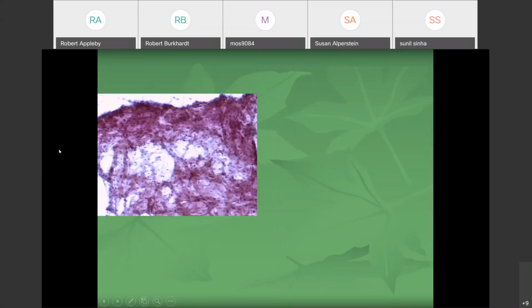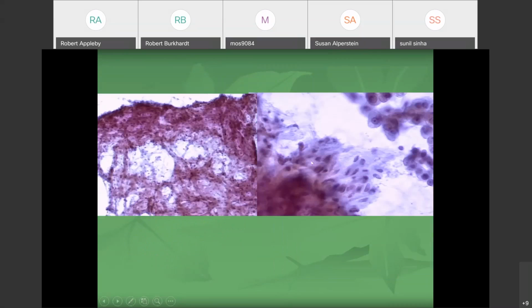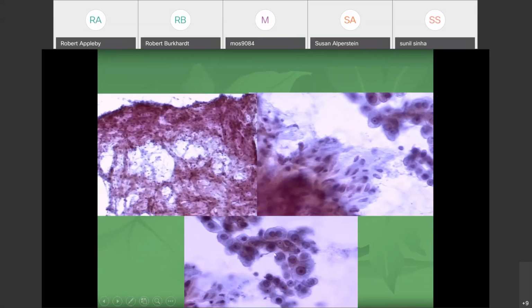And aspiration shows very cohesive, some fibrous tissue and some liver cells. You see, the liver, the hepatocyte still is like kitchen tiles.